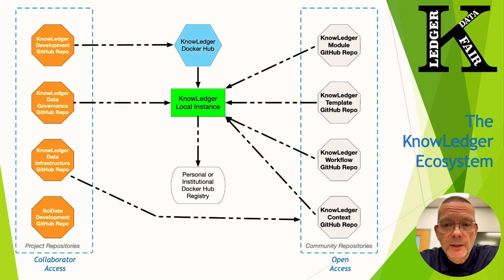So in another video, I've talked in more detail about the set of GitHub repositories that the community can contribute to, to feed in the kinds of things that the KnowLedger interface is going to need to have to work for lots of different research scientists.